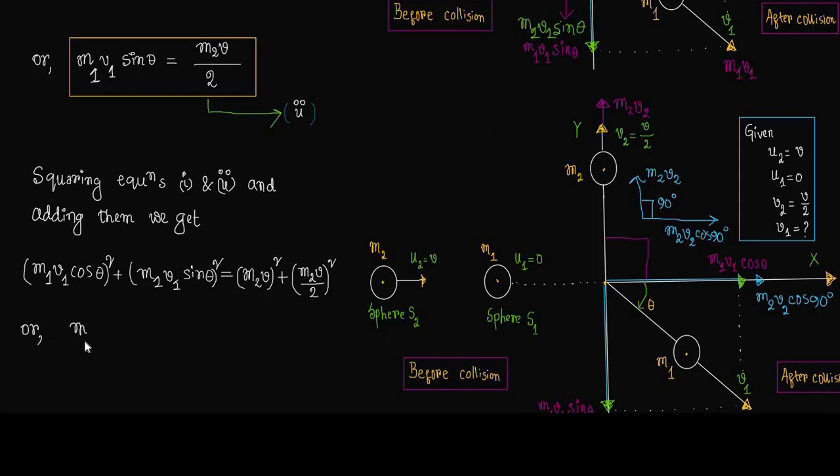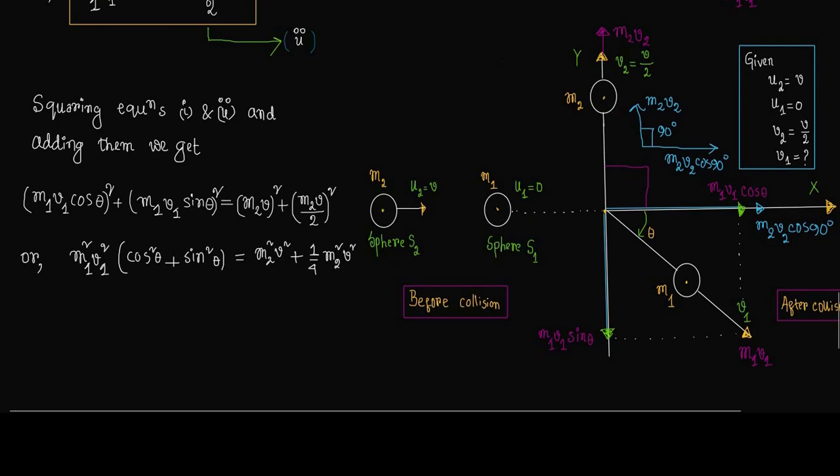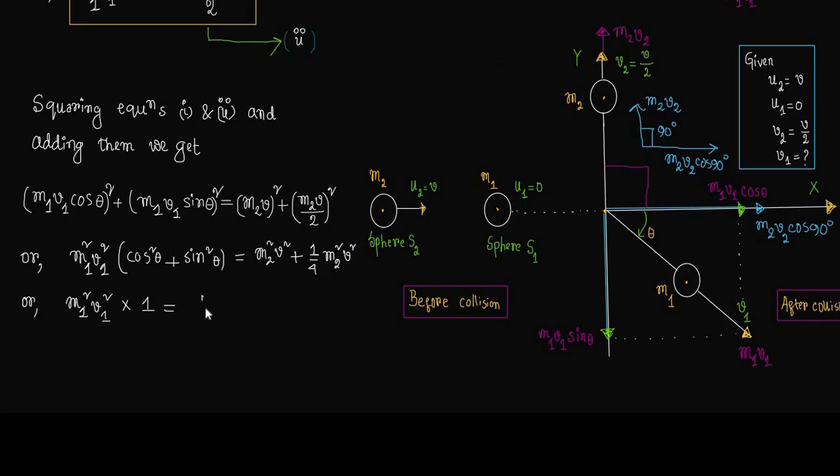Or, m1 square v1 square is taken common under bracket cos square theta plus sin square theta, which is equal to m2 square v square plus 1 by 4 m2 square v square. Or, m1 square v1 square into 1 is equal to 5 by 4 m2 square v square.